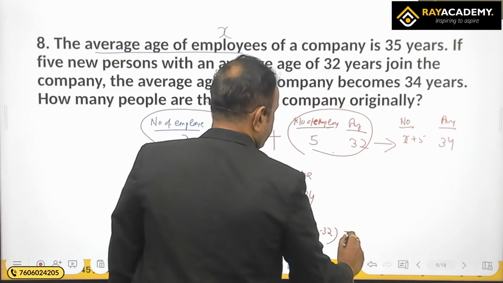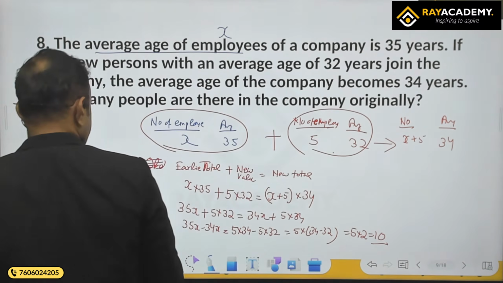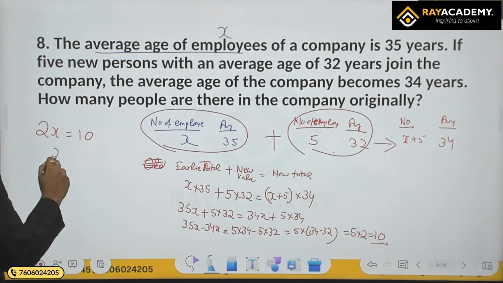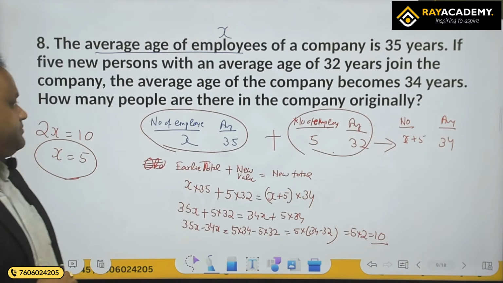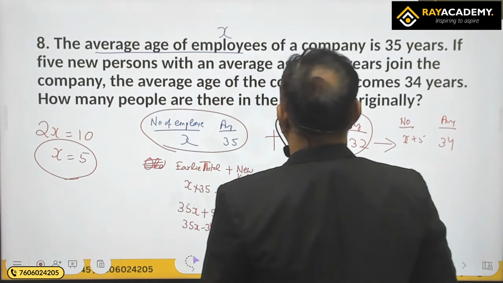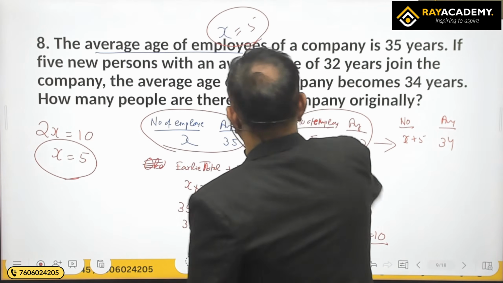So it gives you 5 multiplied by 2, that is 10. So x equals 10 divided by 2... x equals 5. How many people are there in the company originally? That is x, 5 is your answer.